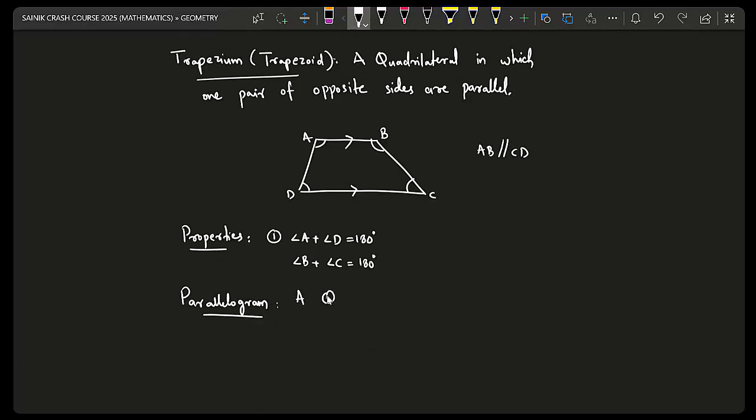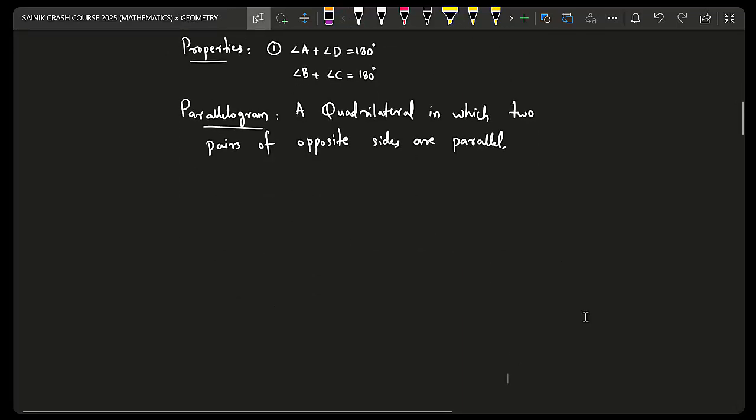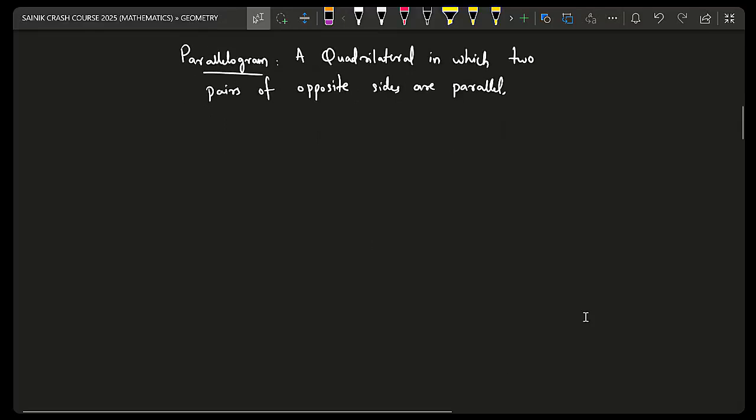It is a quadrilateral in which two pairs of opposite sides are parallel. In a trapezium it is sufficient to have only one pair, but in a parallelogram we need two pairs of opposite sides parallel to call it a parallelogram.